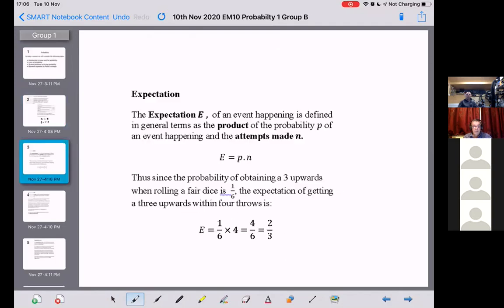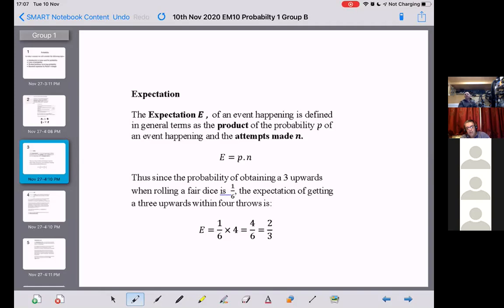Second term is expectation, E. The expectation of an event happening is defined in general terms as the product of the probability P of an event happening and the attempts made, N. So E is equal to P times N. So if we think the probability of obtaining a 3 upwards when rolling a fair dice, it is 1/6.